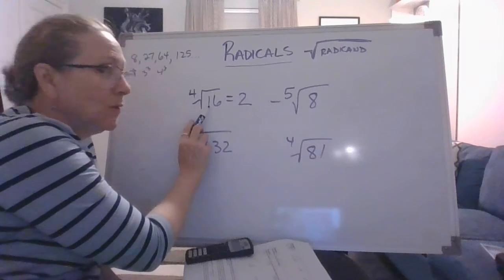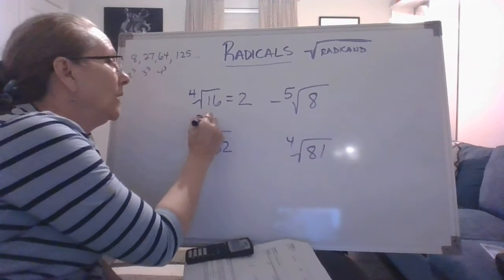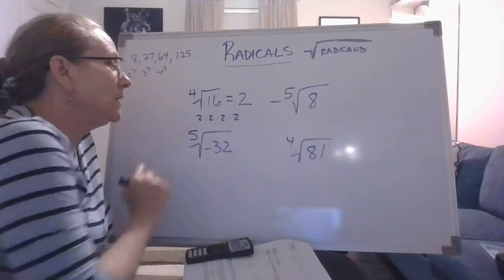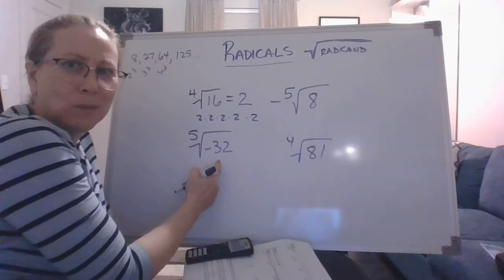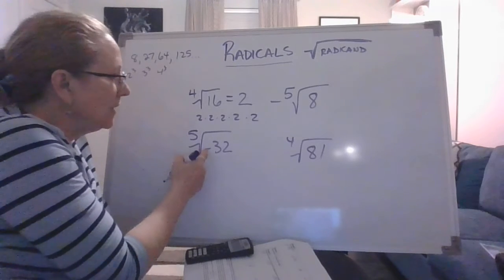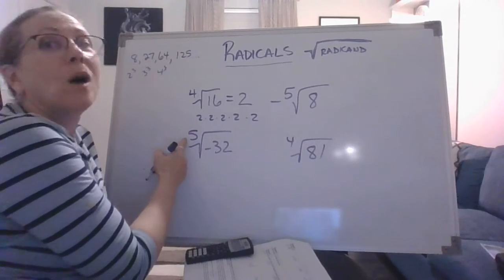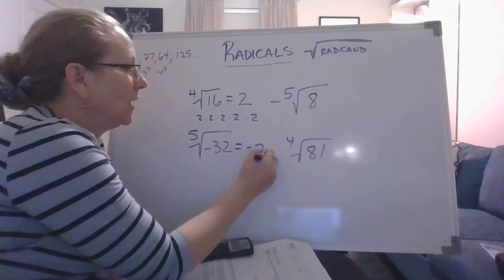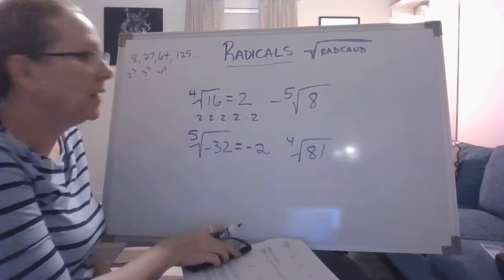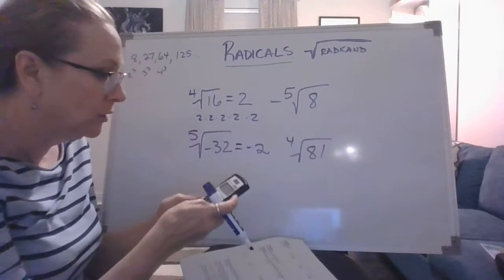If 2 times 2 times 2 times 2 is 16, times 2 again, isn't that 32? Can we have a negative? We can, because this is an odd number. So this is negative 2. I'm going to put it in my calculator.